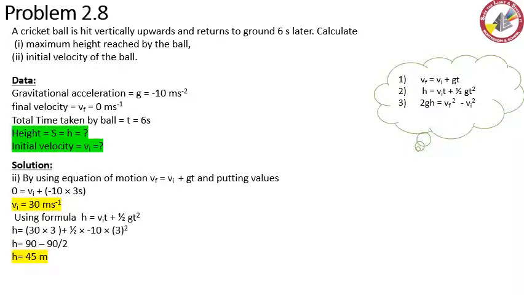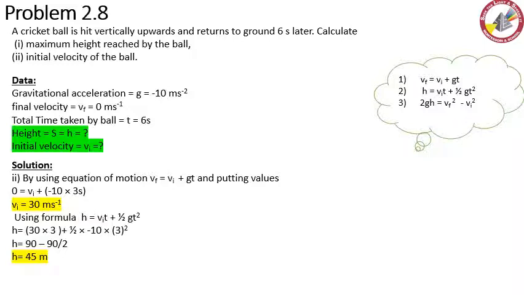In problem 2.8, a cricket ball is hit vertically upward and returns to the ground 6 seconds later. Calculate the maximum height reached by the ball and the initial velocity of the ball. According to the given statement, obviously the body is moving vertically, so the acceleration is gravitational acceleration with a negative sign, and the final velocity of the ball is 0.